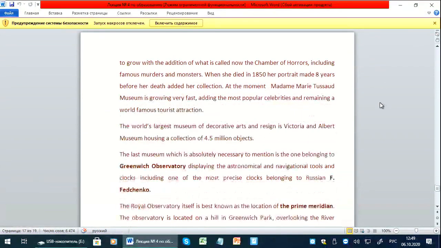You know, when I visited the museum last time, there were already the sculptures, figures of Yuri Gagarin, Gorbachev, Yeltsin, a lot of British celebrities, astronauts, cosmonauts, as I've already mentioned, and whom not.